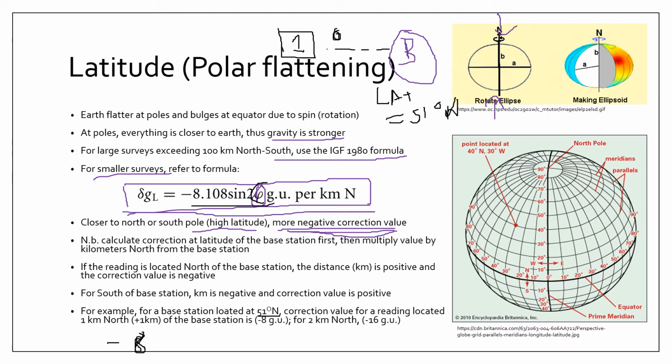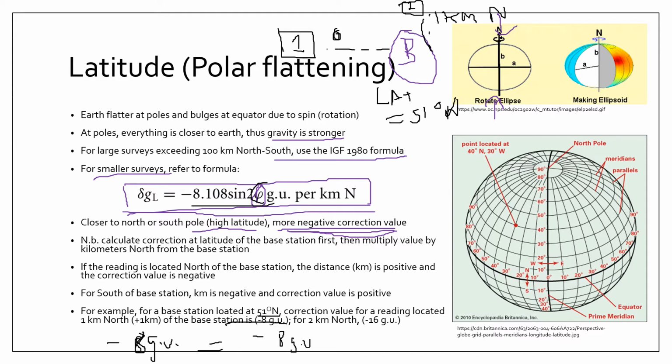Now, if you did another survey, let's say you did a second reading somewhere north of your base station, and it is located 1 kilometer north, then you just multiply this negative 8 GU by the kilometers north of distance from that base station. So for survey station number 2, you need to apply a correction value of negative 8 gravity units.